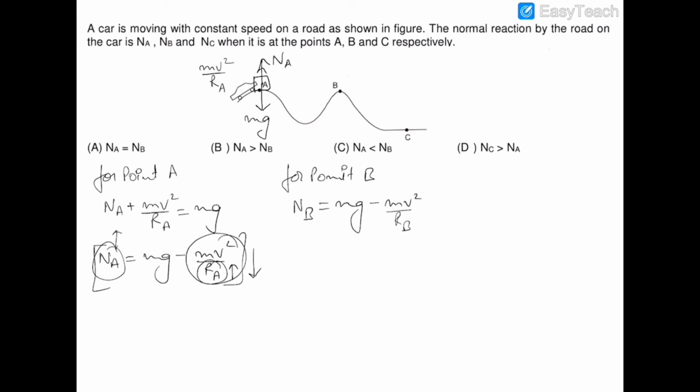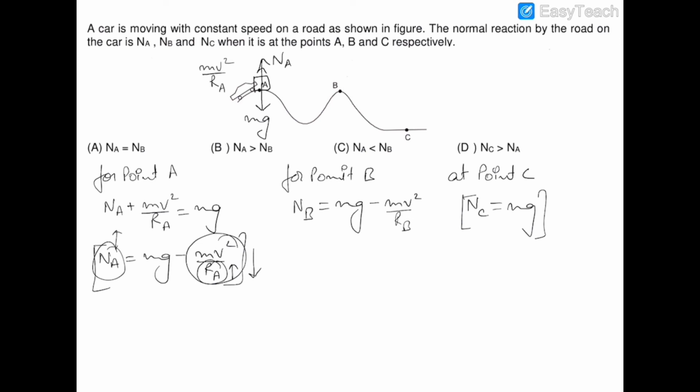Now at point C, this normal reaction NC will be equal to mg, and there will be no mv square by r acting on the car, because C is a straight track and it is not being curved.